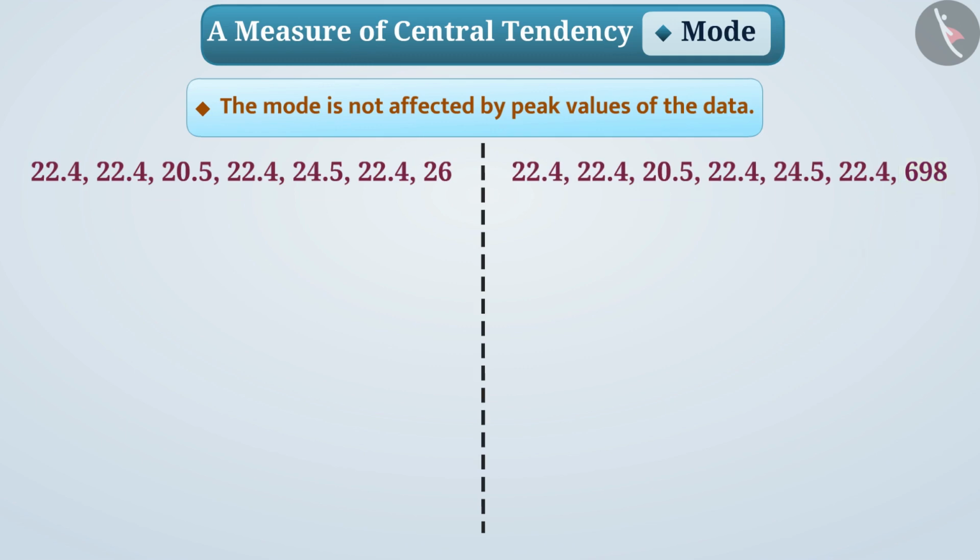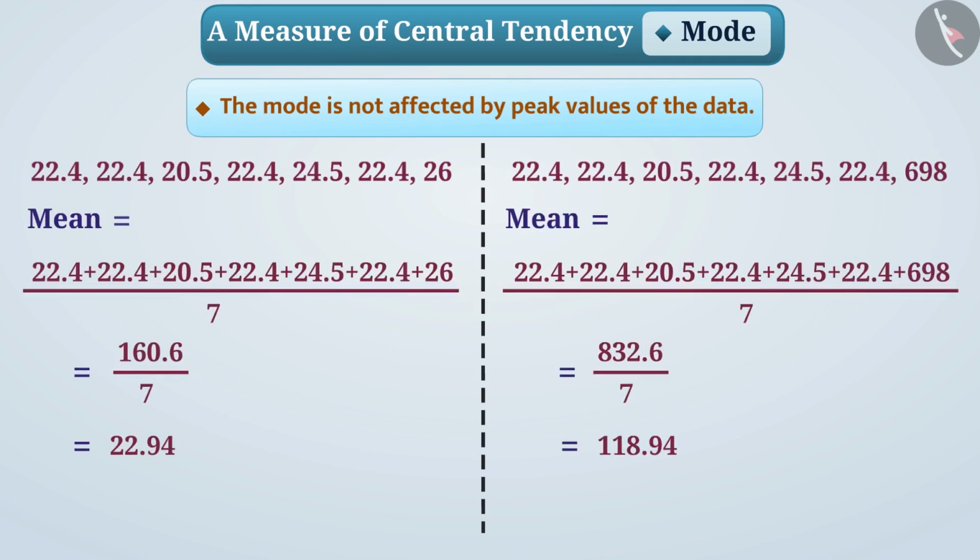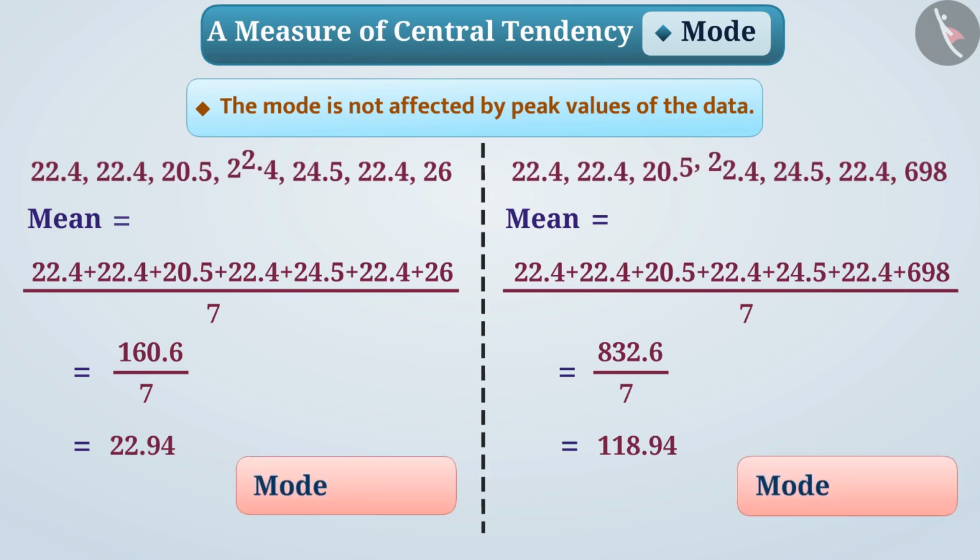If we find the mean of each group, we see that due to the extreme value 698 in the other group, changes are taking place in the mean. If we find the mode of these 2 groups, then it is 22.4. You can see that mode is more suitable here than the mean to represent the central tendency.